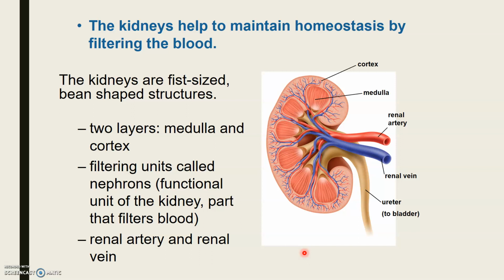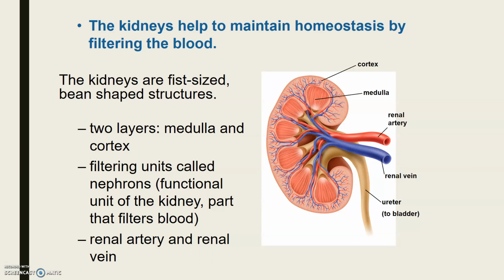There are two main layers to our kidneys. That of the renal cortex, you see the outer layer here, and the renal medulla, the inner layer here. All right. So importantly, the inner layer, the medulla here, contains the majority of the main filtering units of the kidney that are referred to as the nephrons.